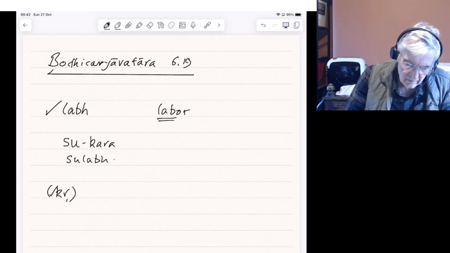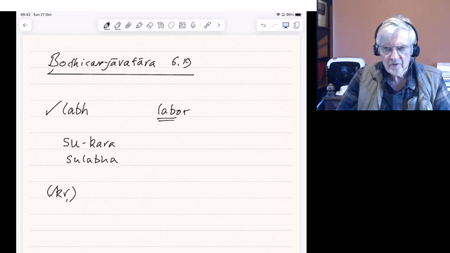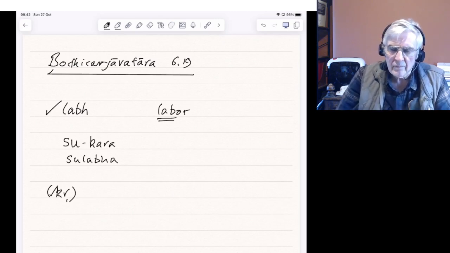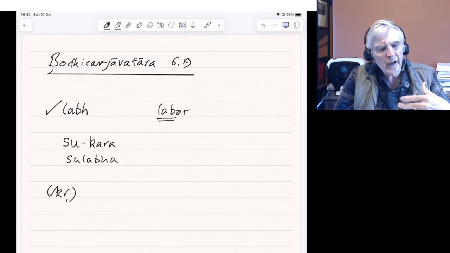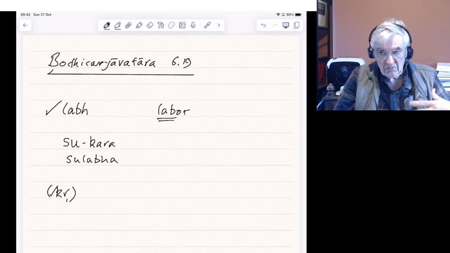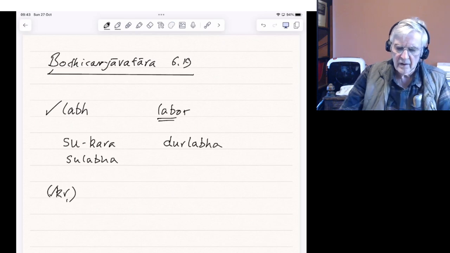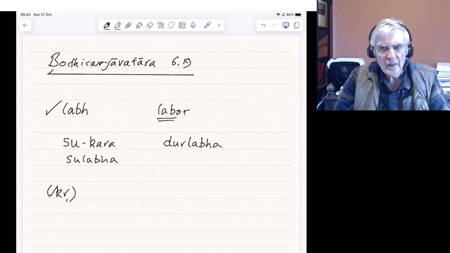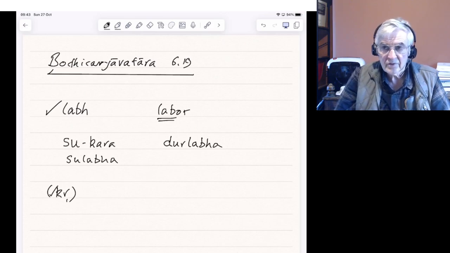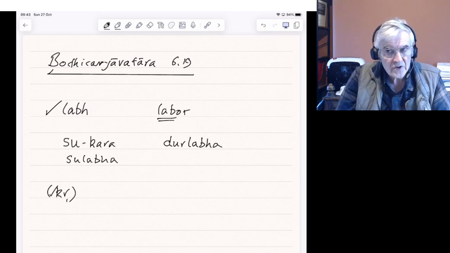Sulabha means easy to obtain, and by extension means it commonly happens. For example, if you put dur in front of it, which becomes durlabha, literally difficult of obtaining, that sometimes has the meaning of just rare, not easily come by, not easily found, not easily got, rare, durlabha.